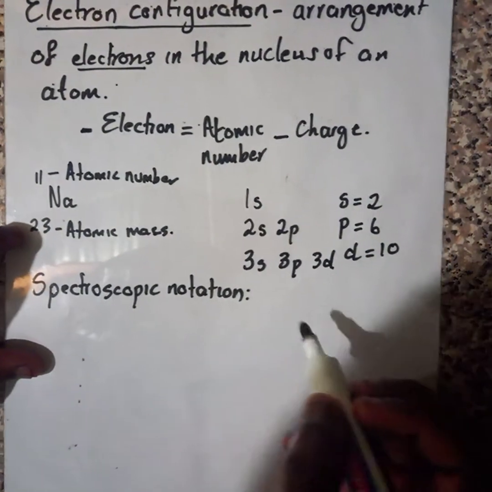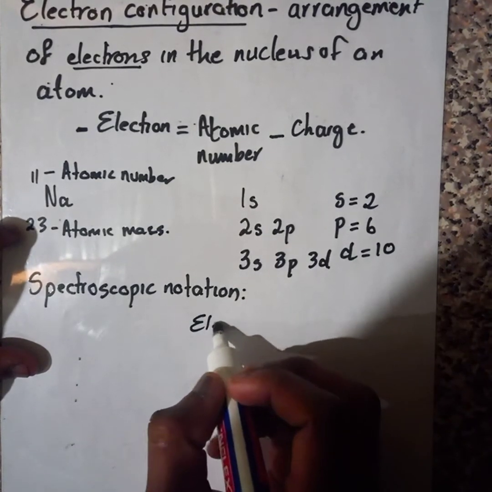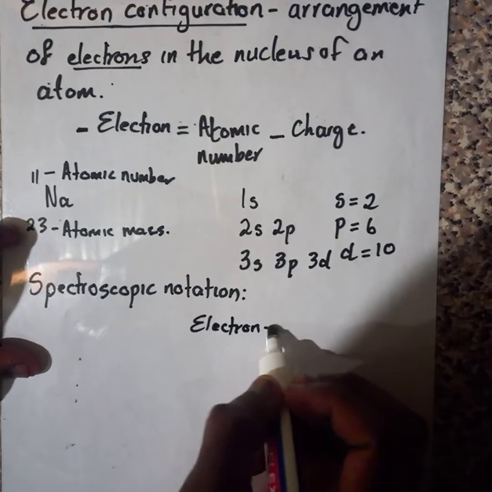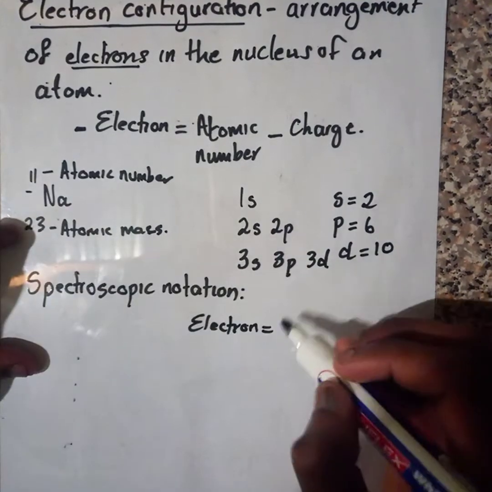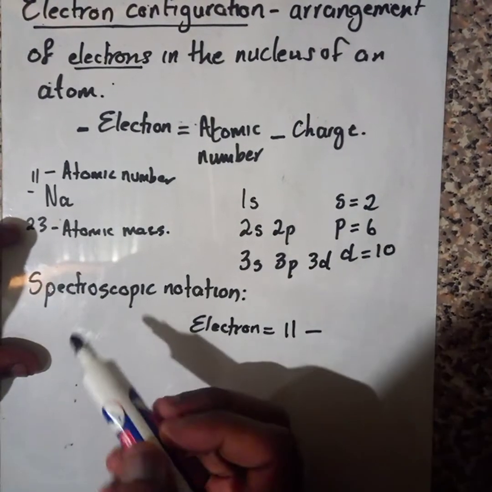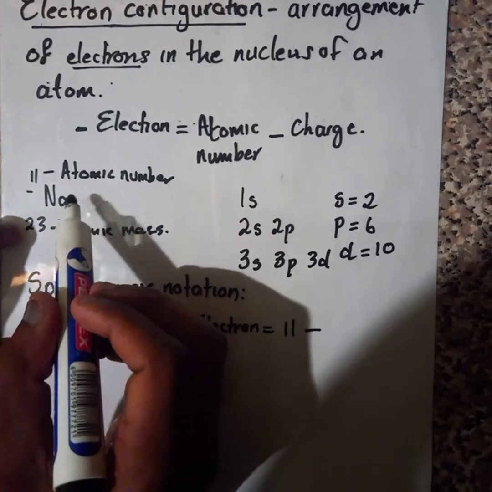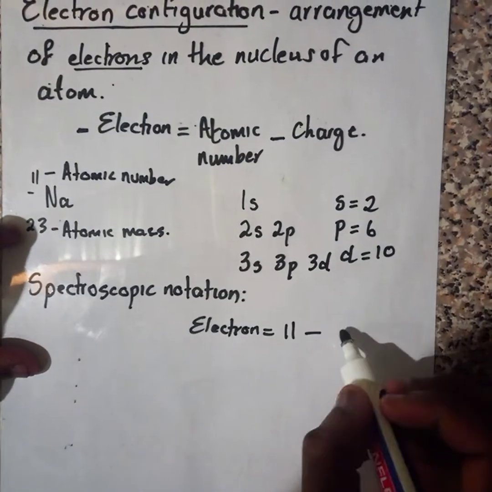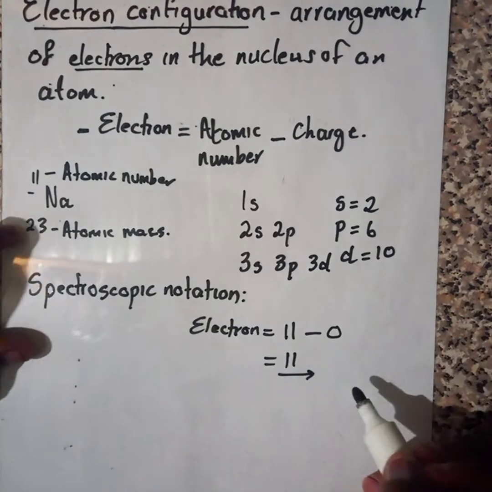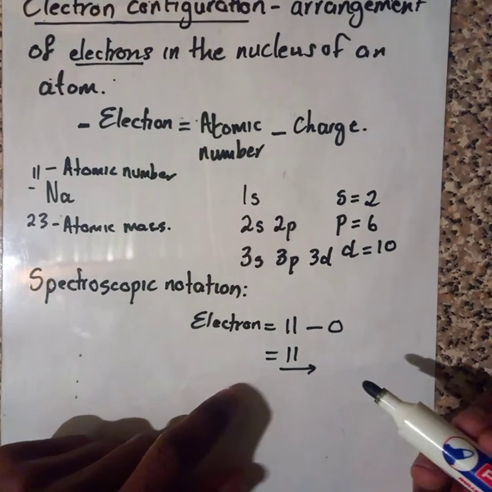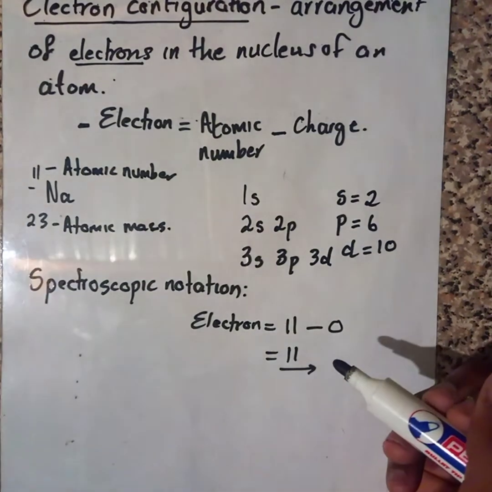The number of electrons is equal to the atomic number, which is 11, subtract a charge. This is a neutral element. You see, we don't have any charge there. Then we are going to write 0. When we subtract, we get 11. Then this number represents the number of what? Of electrons.